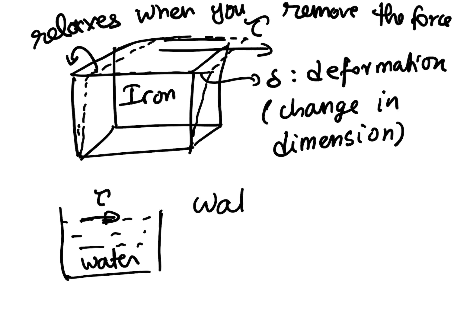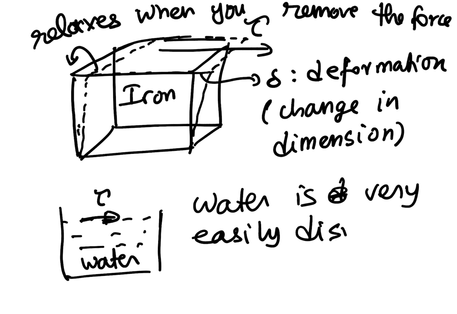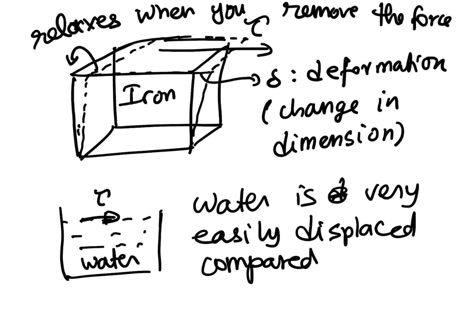You will see that the water is very easily displaced compared to iron. In fact, you would think that the iron was hardly displaced, or that it did not move at all, or even if it did move, it moved very, very little compared to water, where if you put your hand and do this like you would on a surface of a lake when you go on a fishing trip, the water is very easily displaced compared to the iron.